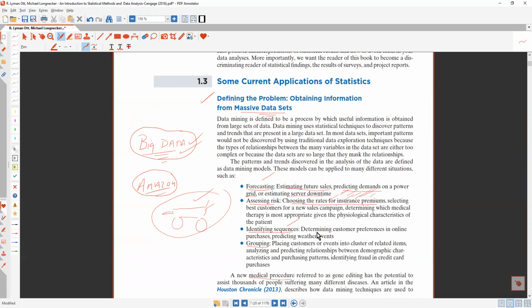Identifying sequences: determining customer preferences and online purchases. Well, we just talked about that. Grouping: placing customers or events into clusters of related items, and analyzing and predicting relationships between demographic characteristics and purchasing patterns. There's another example. They try to put you in groups, right? Are you the type of customer who may be interested in product A or product B?